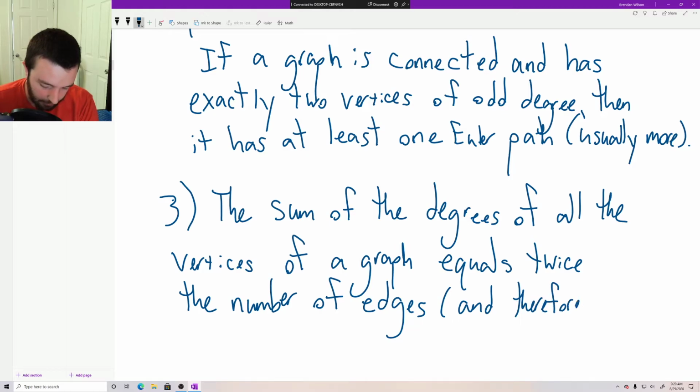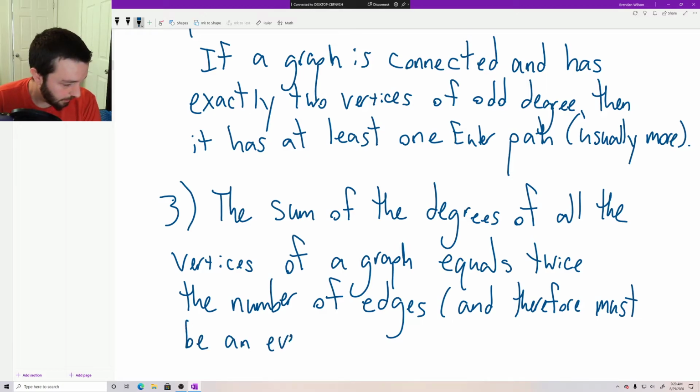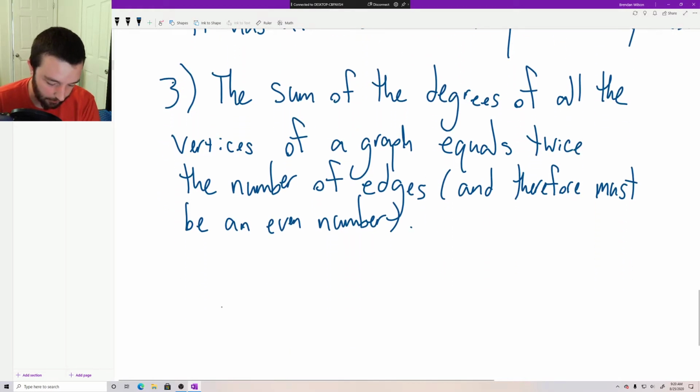And therefore must be an even number. We'll think about what this says in 1 second here.